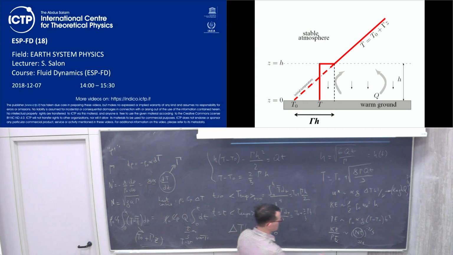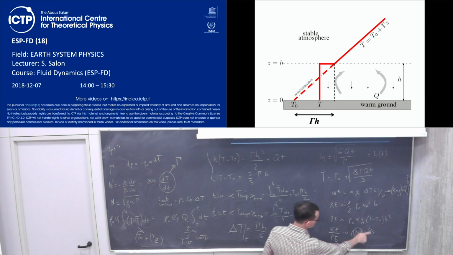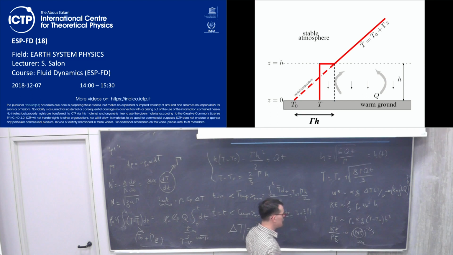Okay, so this term here is much smaller than 1, so being at the denominator, we have that the kinetic energy is much smaller than the potential energy.